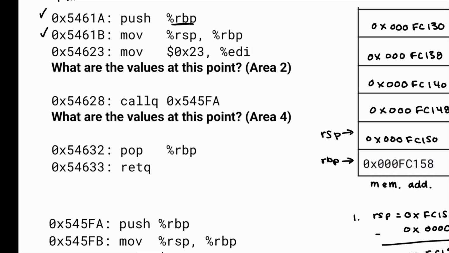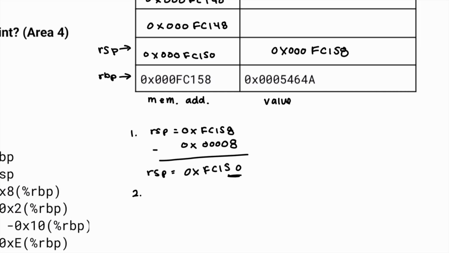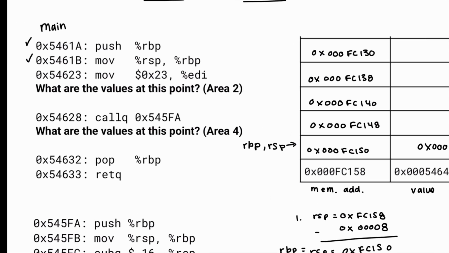In this case, we're moving RSP into RBP. So RSP, which is FC150, now RBP is also going to be equal to that value. So now RBP, which had 158, will now be pointing over here at the same value as RSP.